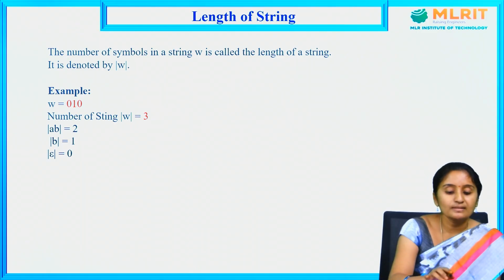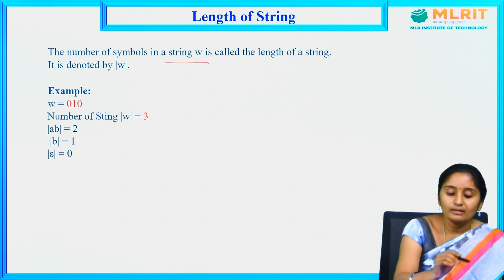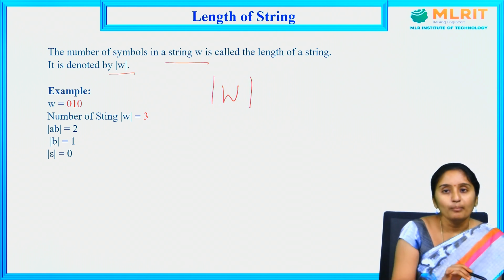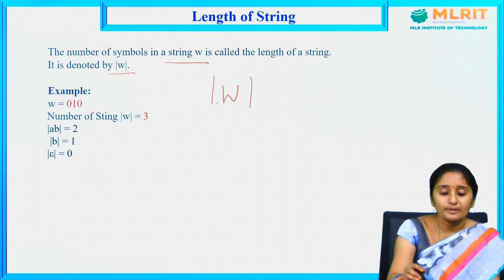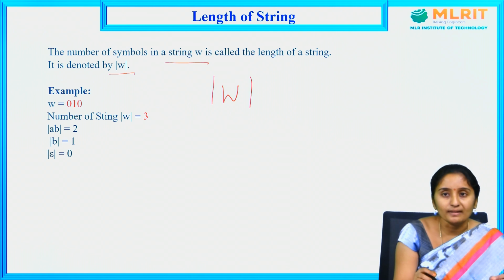The next one is length of a string. How do we represent the length of a string? A string is represented with the symbol W, and the length of the string is represented with mod W. Mod W is used to represent the length of the string. The length of the string is the number of symbols present in the string.